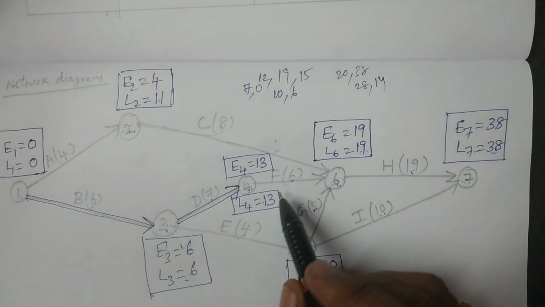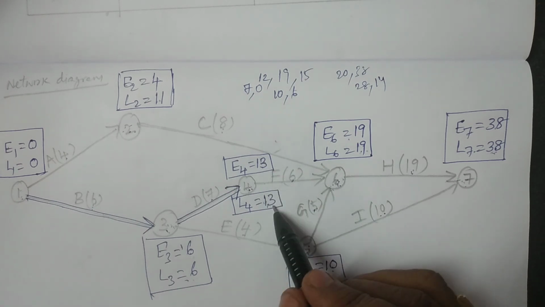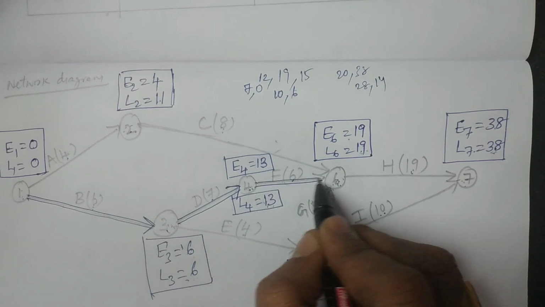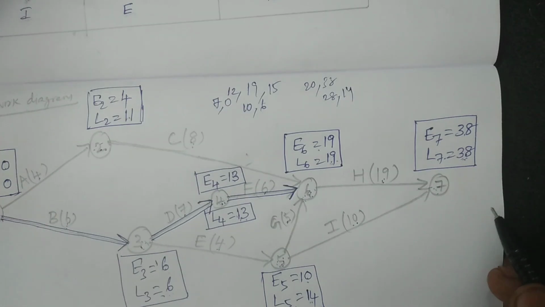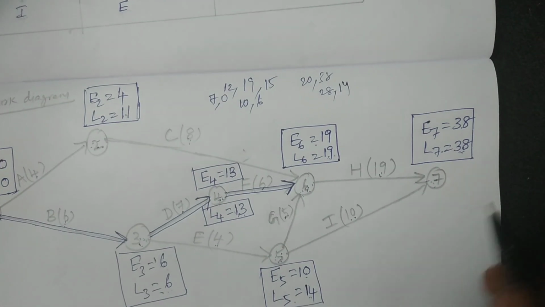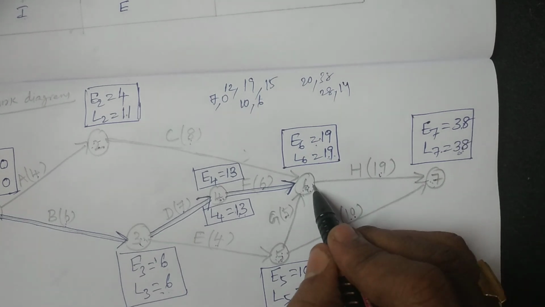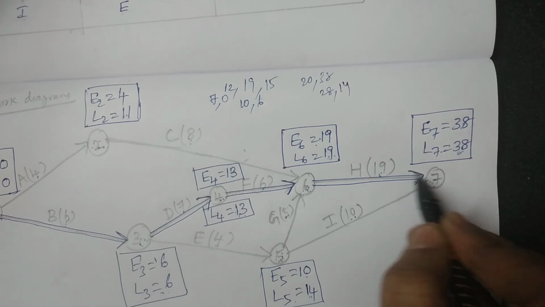And then for activity F, E4, L4 are equal, E6, L6 are equal. Therefore, activity F is also treated as a critical activity, and it can be considered in the critical path. And then E6, L6 and E7, L7 are also equal. Therefore, we can consider this activity as a critical activity.